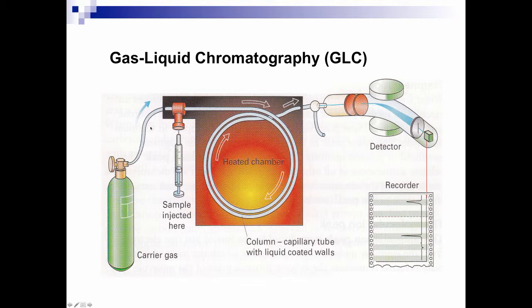The carrier gas from the tank then transports it into the column, and as it passes into the column, it partitions itself between the mobile phase and the stationary phase. At the end of the column, a detector detects each component of the mixture as it elutes out, as well as measuring its concentration. As said earlier, the area under the peak is proportional to the concentration of each component of the mixture.